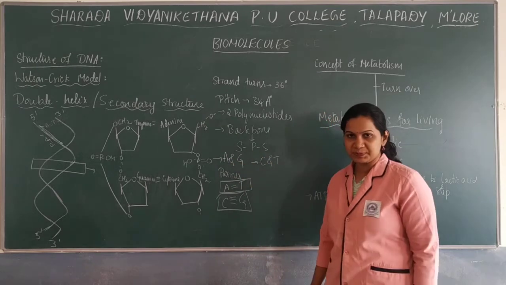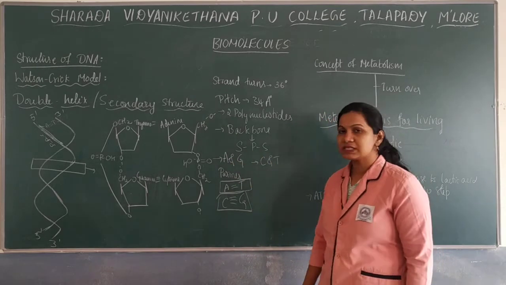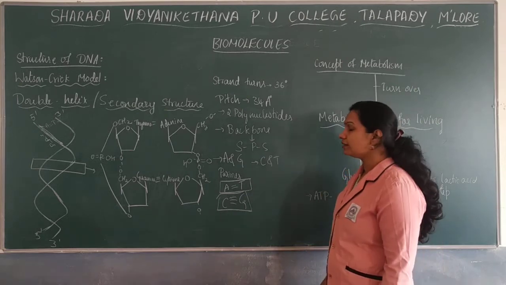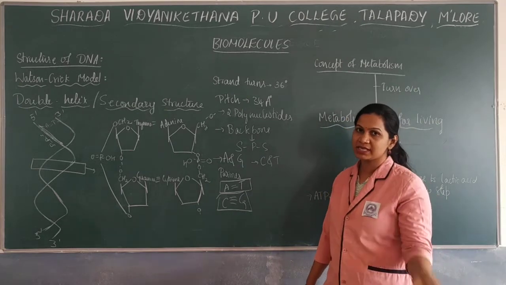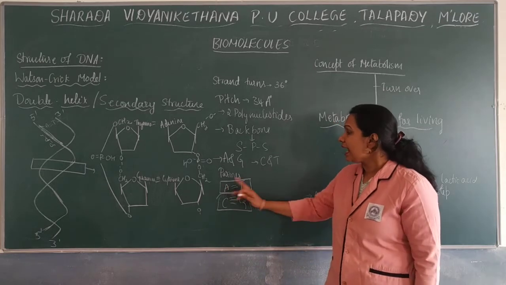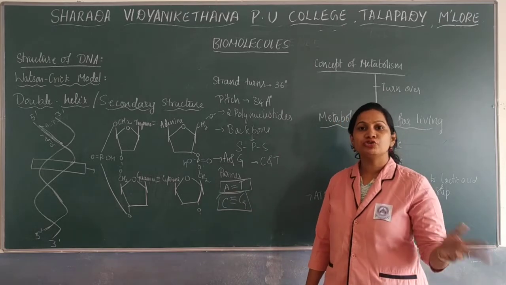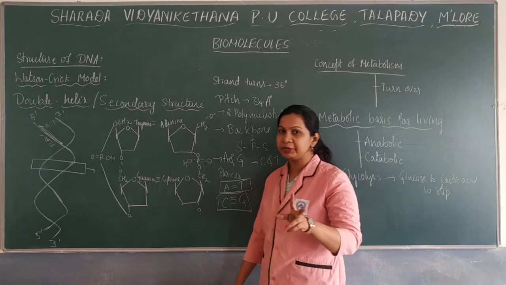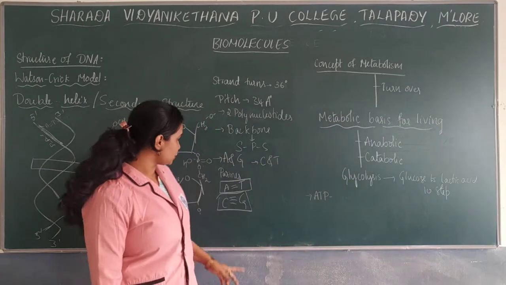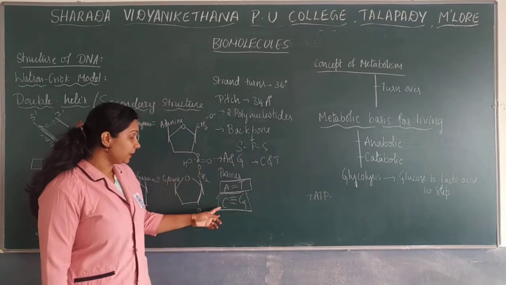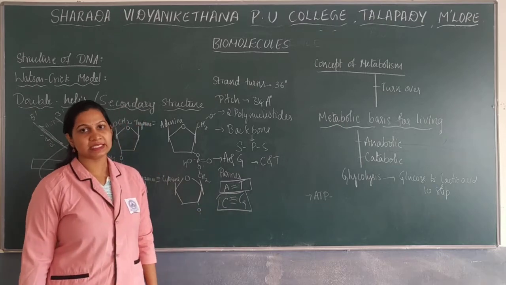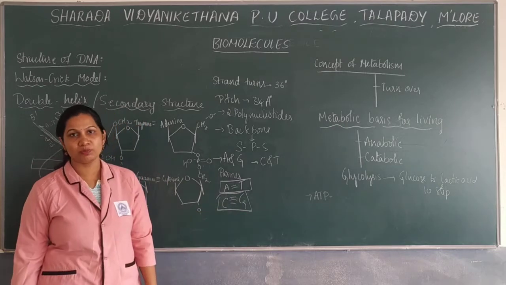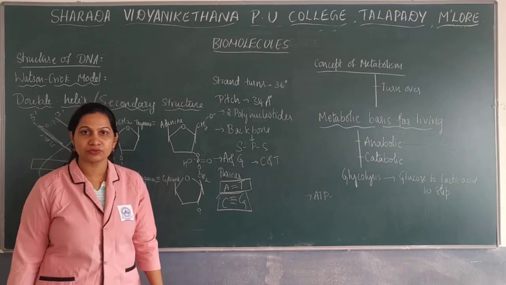Adenine is always paired with thymine, and cytosine is always paired with guanine. In between adenine and thymine there are two hydrogen bonds. In between cytosine and guanine there are three hydrogen bonds. So that was regarding the bonds.